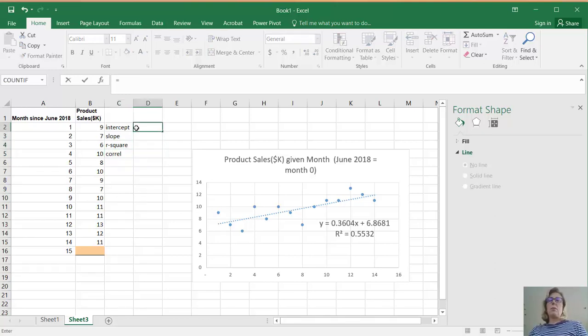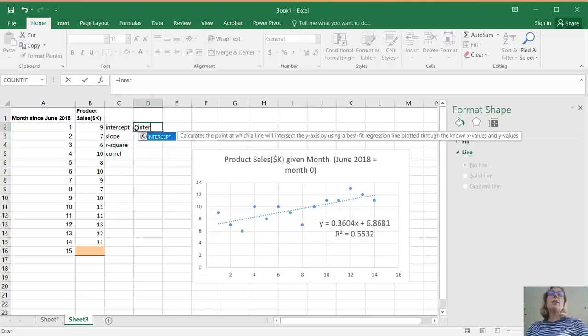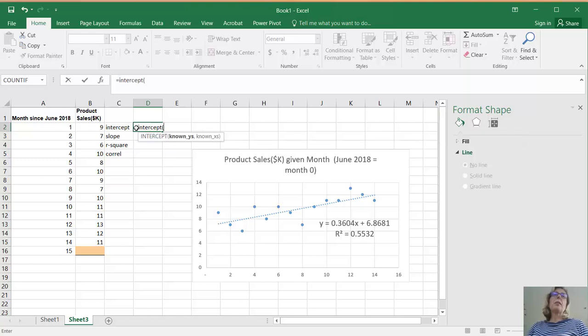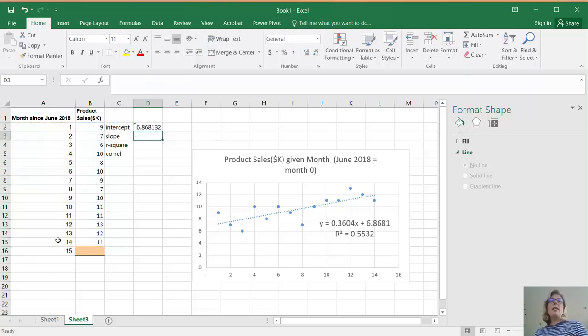And then I'm actually going to make use of the intercept function. With the intercept function, what it says is give me the known y's. The y's are what we're trying to forecast, and match those to the things we're using to predict, in which case this is month. And notice we get 6.86, much like we got here.